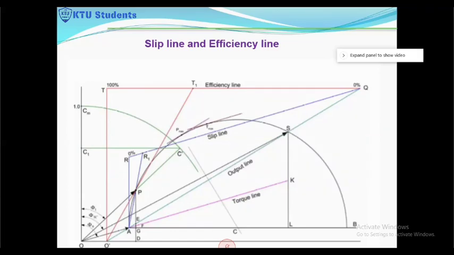So from that you get the slip equal to rotor copper loss divided by the rotor input, because the rotor copper loss is S times the rotor input. So you can have the slip factor. You can also take it directly from the circle diagram, which is also possible, but this is the easy way to draw.